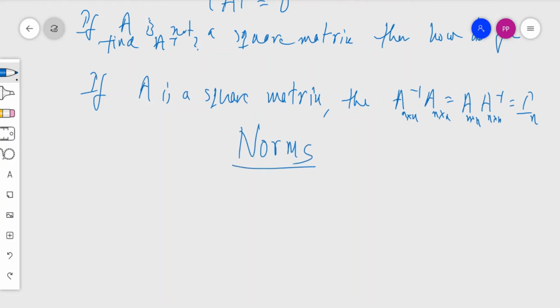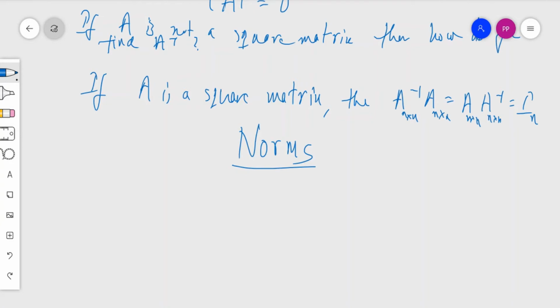Most of us in our undergraduate studies know the term norms by spelling, but exactly what it is, very few of us learned during our undergraduate studies. But in optimization, norms play a vital role, and most of the time we use norms without knowing that we are using norms.